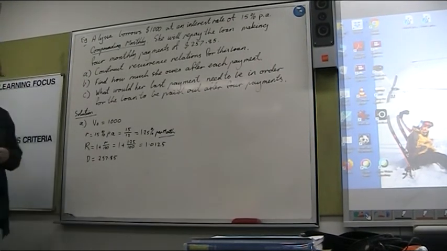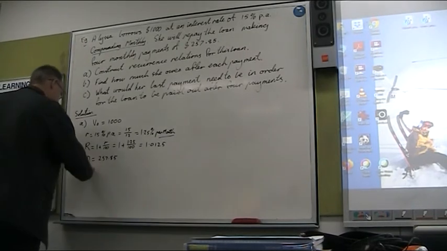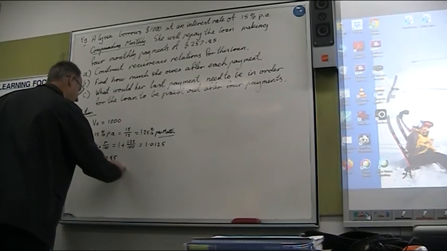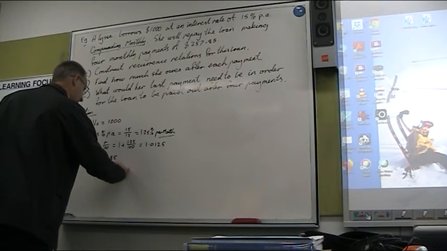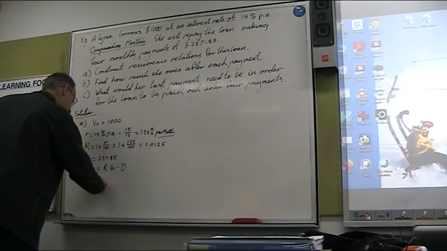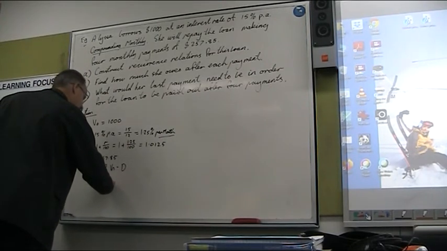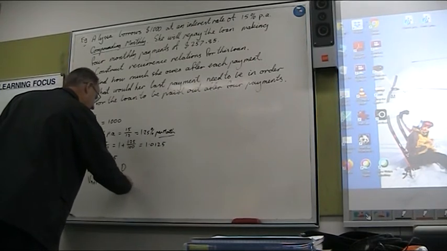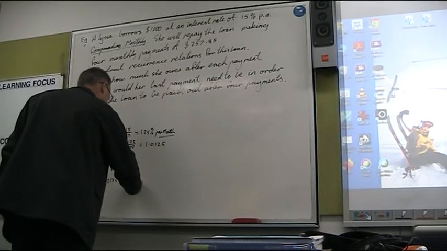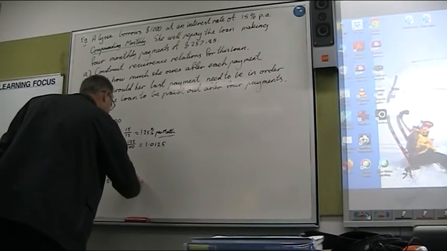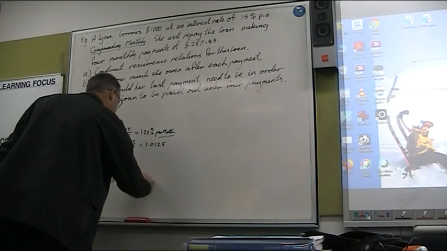And so now we put all of those things in our relation. So n plus 1 is big R, the n minus D. So putting our numbers in, big R is 1.0125, the n minus 257.85.